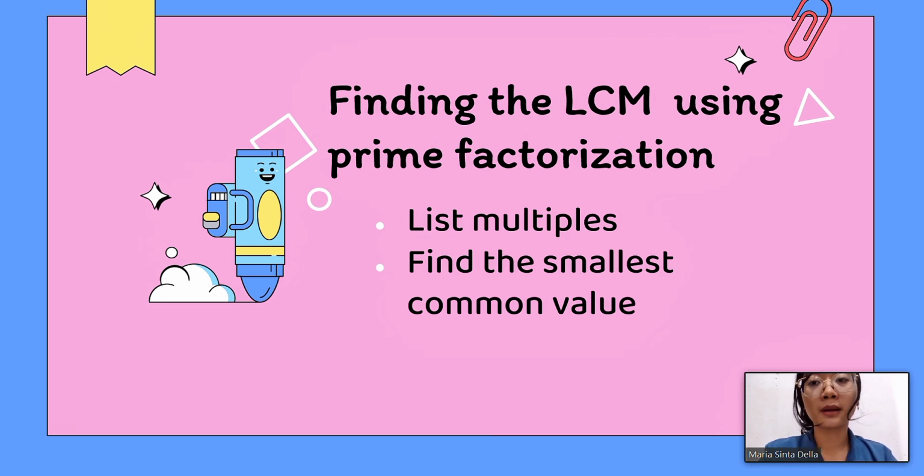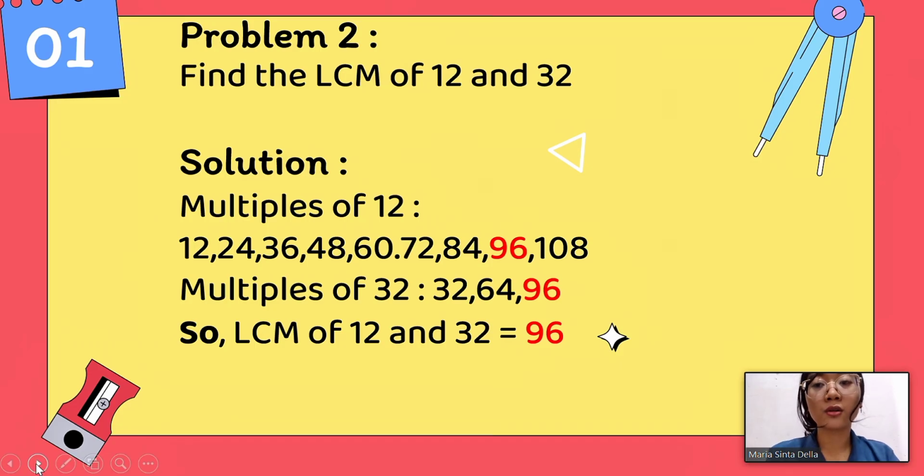Multiples of 12: 12, 24, 36, 48, 60, 72, 84, 96, and 108.